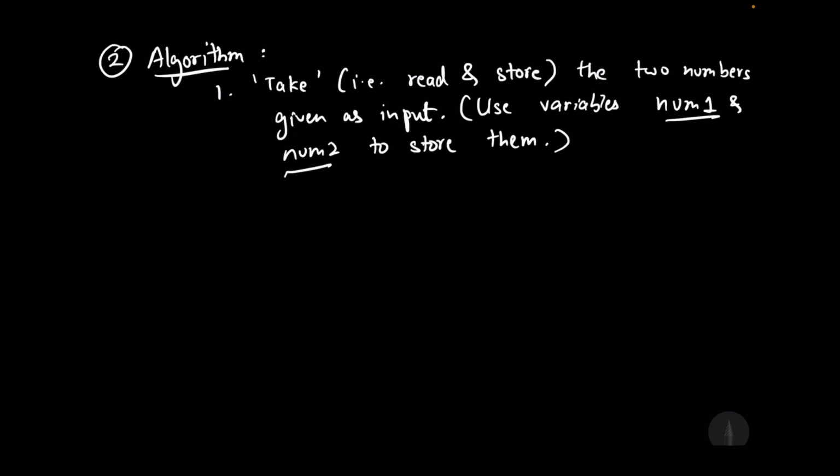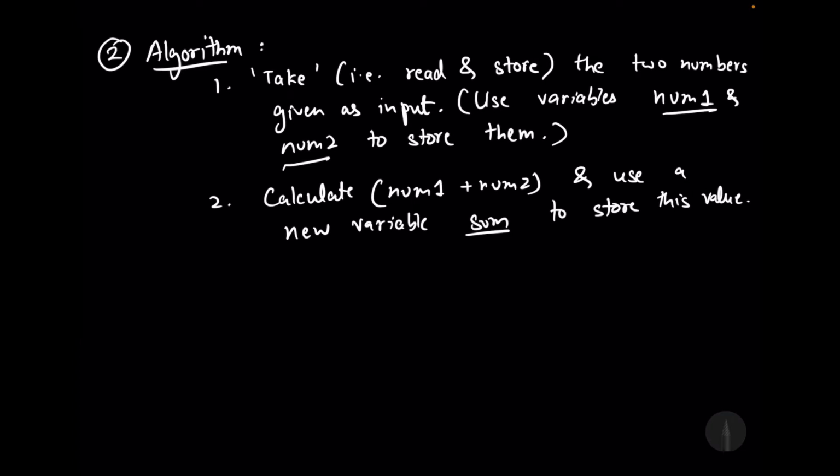So we store these two numbers in variables num1 and num2. Okay, how do we actually take or read input given by the user is something we'll see while coding, but it's fairly easy to understand. It's just a simple instruction in most common programming languages to take input.